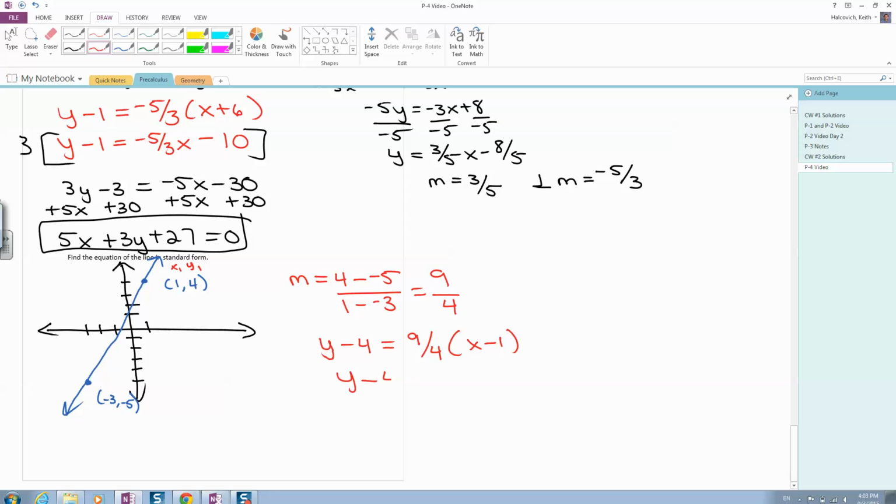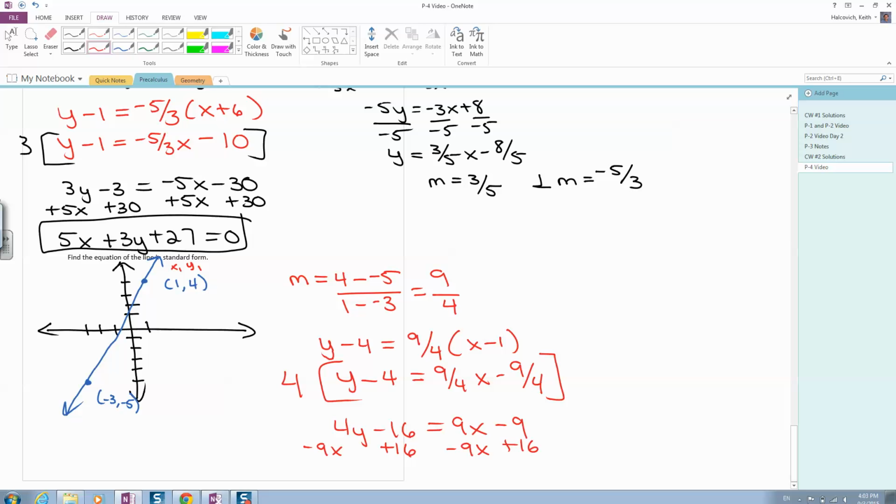Then you're going to distribute, and then multiply to get rid of the fraction. So you multiply by 4. So it's 4y minus 16 equals 9x minus 9. And since it wants standard form, you just need to move the x over to one side and move the 16 over to the other.